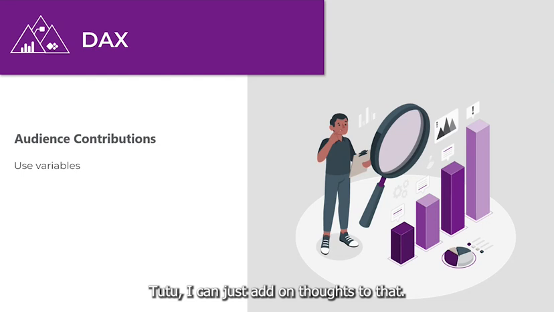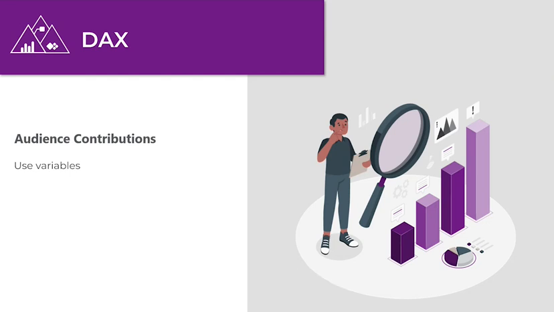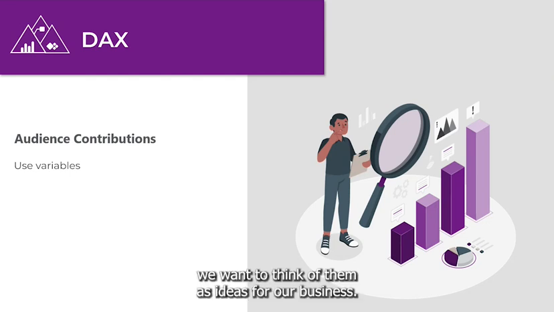Tutu, I can just add some thoughts to that. I bring this back to data modeling because that's what I do. I always bring it back to data modeling. The tables and columns within our model, we want to think of them as ideas for our business.